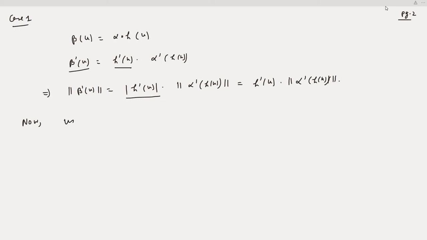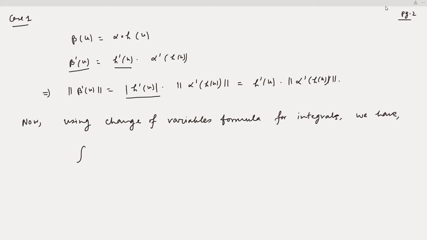So using the change of variables formula for integrals, we have the integral of the norm of alpha prime of t dt over a to b.